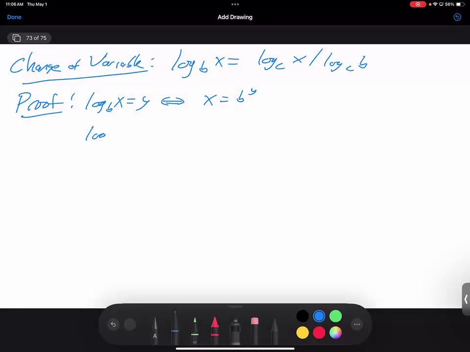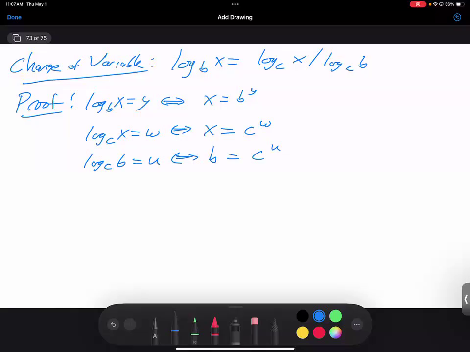So the log base c of x equals, say, w, means x is equal to c to the w. But what do we know about x? x is b to the y. And if we look at the log base c of b equals, say, u, that means b is equal to c to the u.